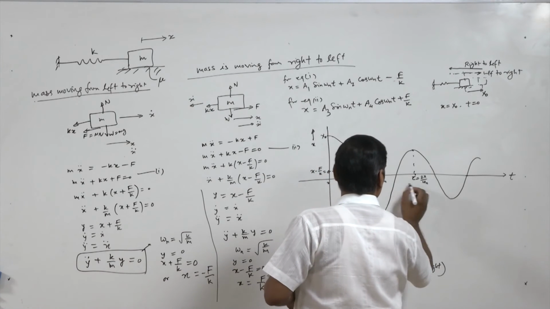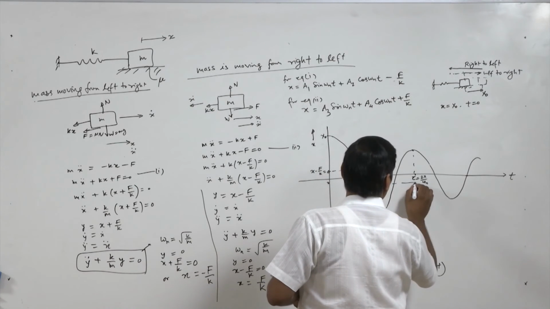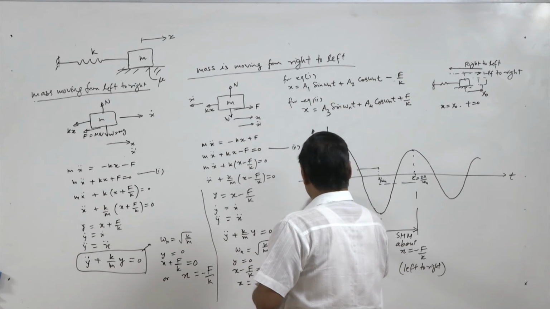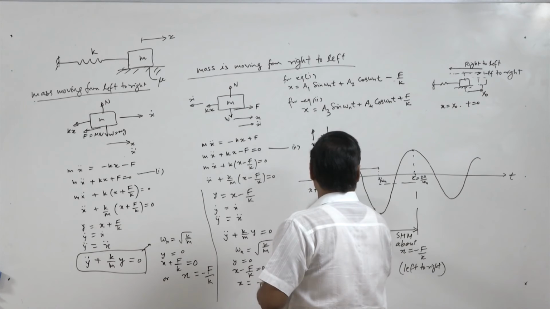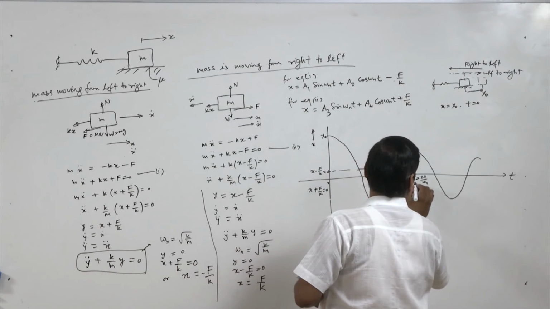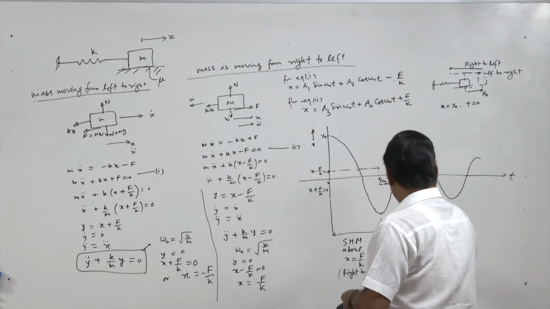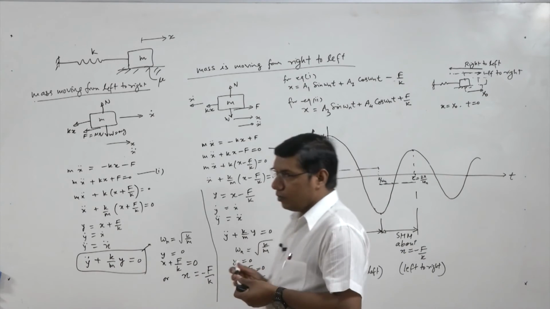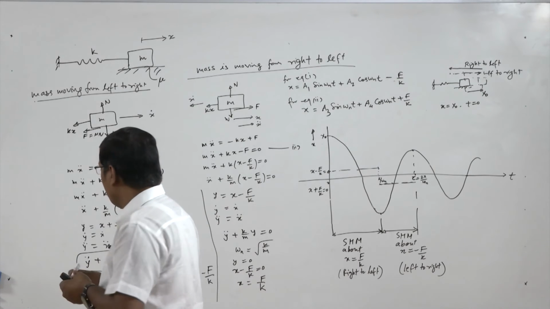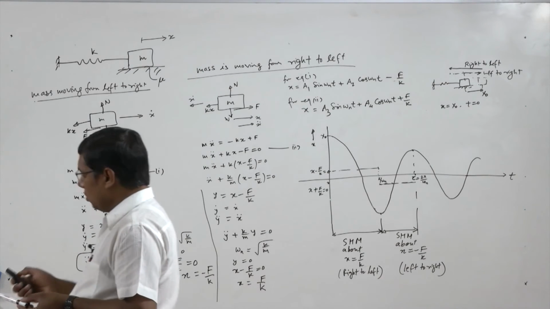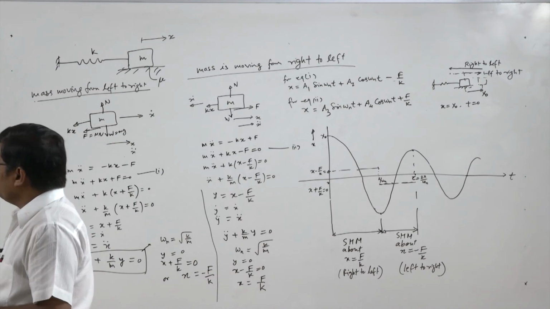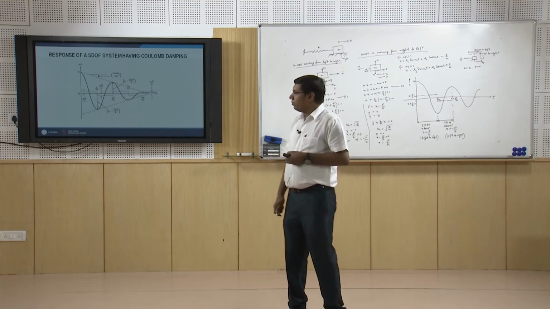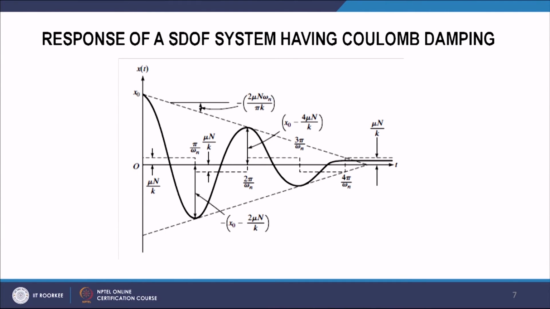So this is the line x plus f by k equal to 0, and in this half cycle it will vibrate about this axis. So this response of the system having Coulomb damping we can see from this curve.